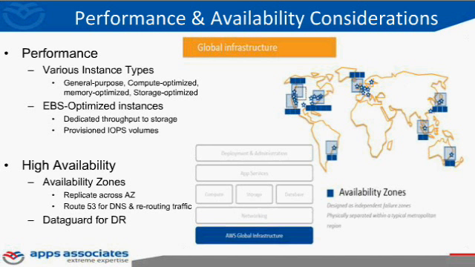So in this example, with Enterprise Manager configured to run in your primary availability zone, you have the ability to replicate your Enterprise Manager environment across to another availability zone in the same region.